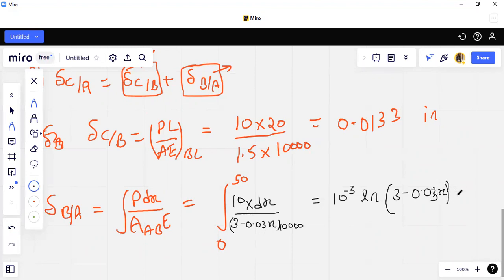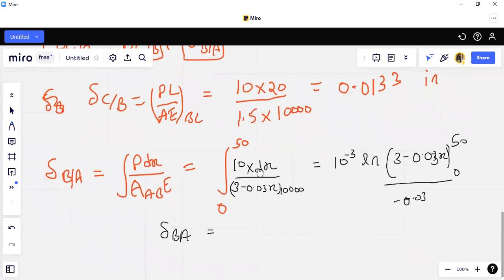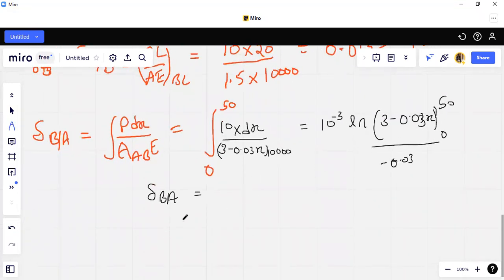Okay, and the limit will be from 0 to 50 divided by minus 0.03. So by calculating this whole term, we can write that the deflection in the BA cross section will be 0.2308. This will come after solving this whole term.